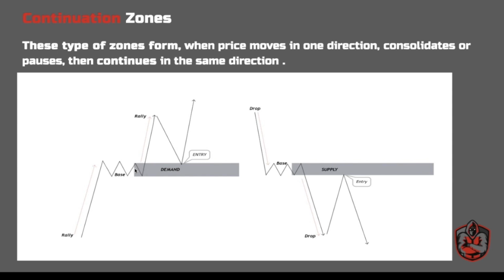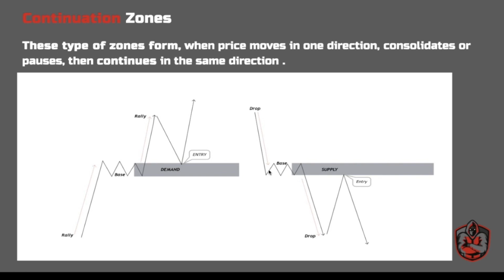Now, that pause, that area of consolidation creates an area of demand, right? So when price pushes up from there and starts to pull back into this area, that means it would have mitigated an area of demand where we would look to then enter to continue the move over to the upside. That is why it's called a continuation zone, right? Because essentially all it is, is price continuing over to the upside.